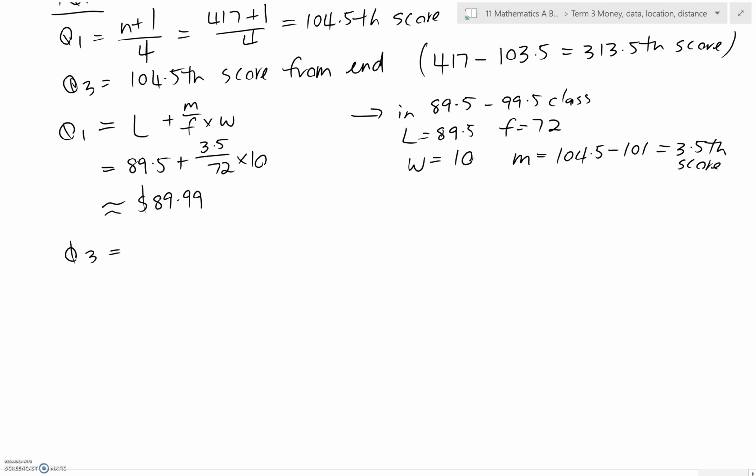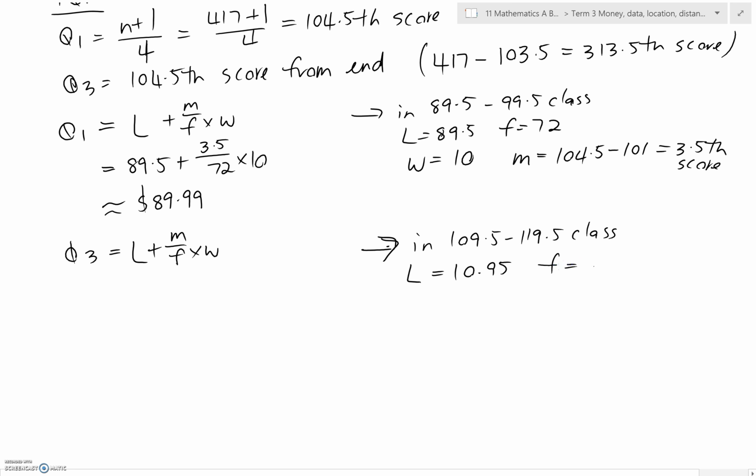Q3, I'm going to write my formula again. Q3 is in the 109.5 to 119.5 class. The lower value in that one is 109.5. Frequency is how many scores in that row, and there were 62 scores, and again the width of the row is 10.